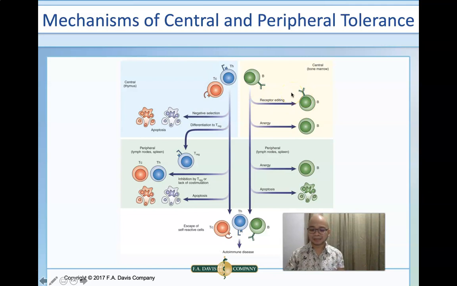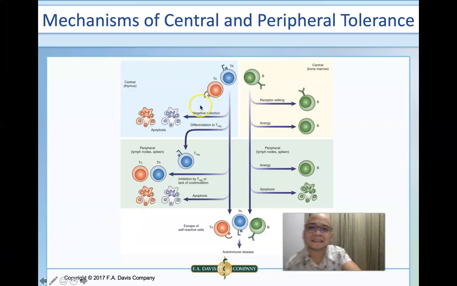B cells that possess receptors that only weakly recognize self-antigens are induced to downregulate the expression of their receptors and develop a specific state of unresponsiveness to antigen. That is known as anergy.